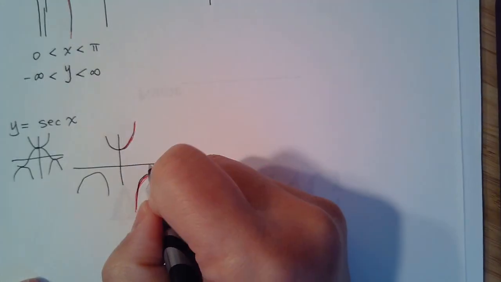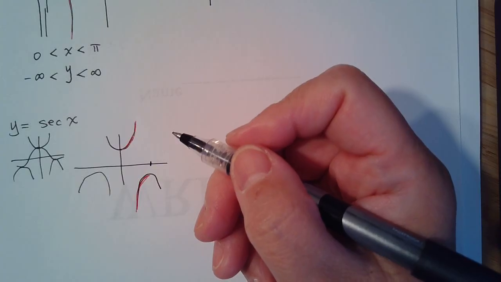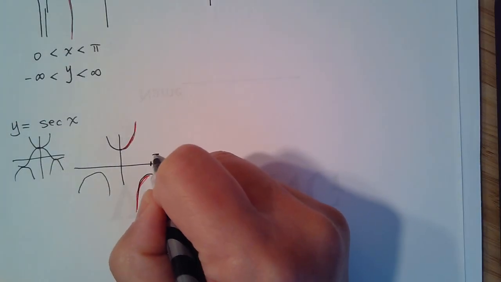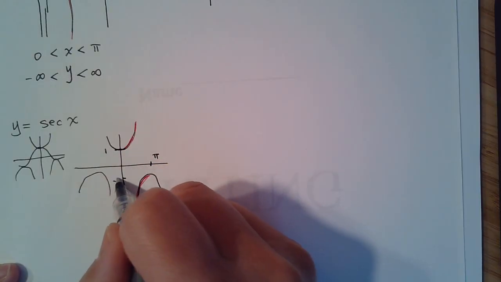How is that? So we'll do here, that's pi. Here's 1, and here's -1.